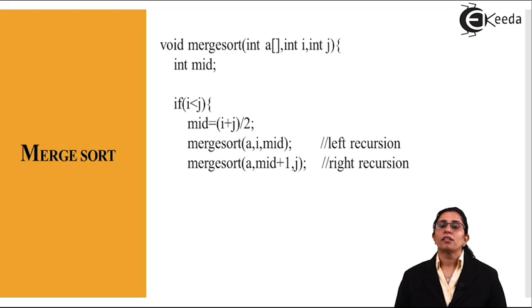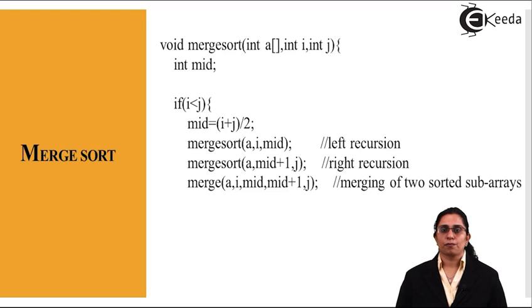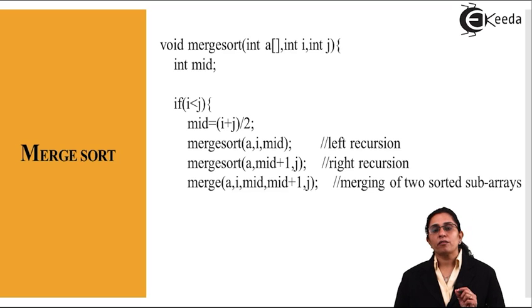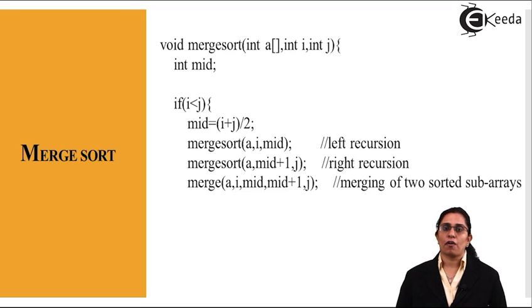Then I call the third important function, which is known as merge. Here we are working on the merge sort function. Next we will see that after having recursively used left recursion and right recursion on the arrays A and B, how do we merge them?